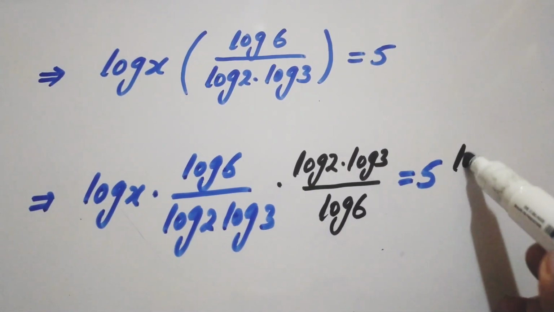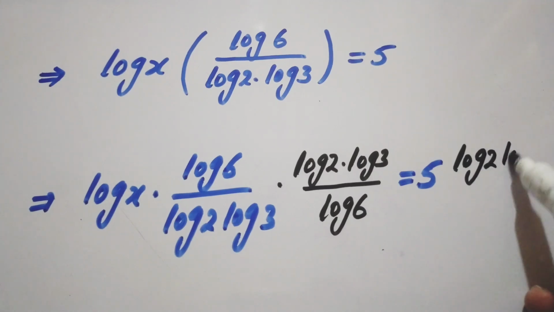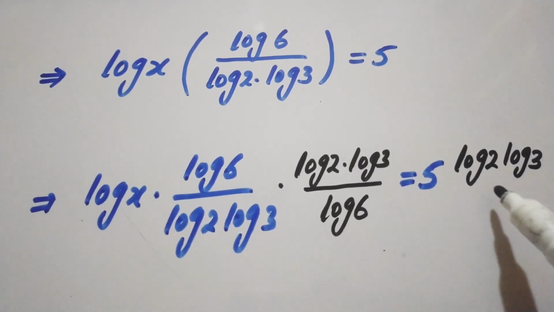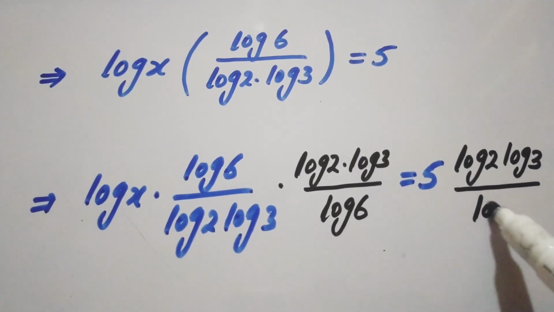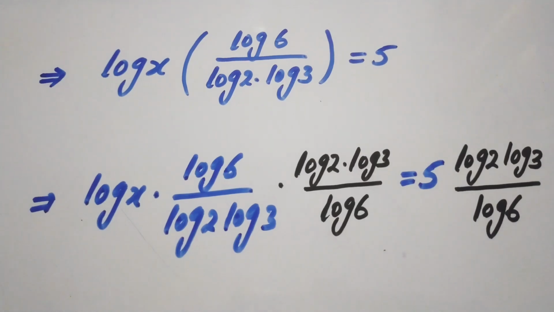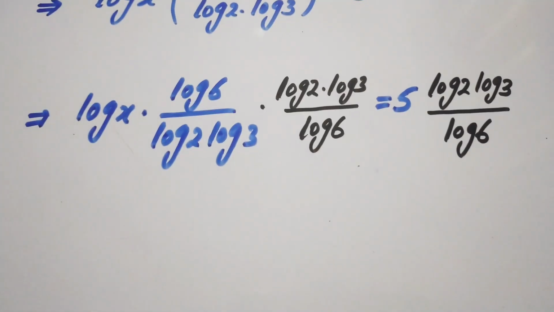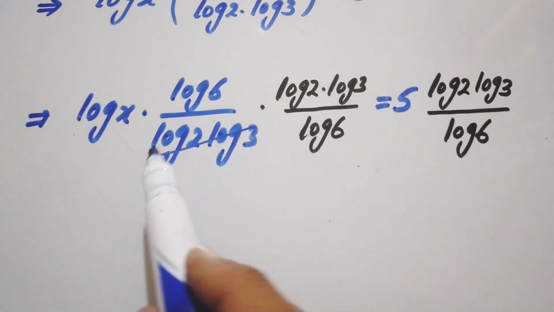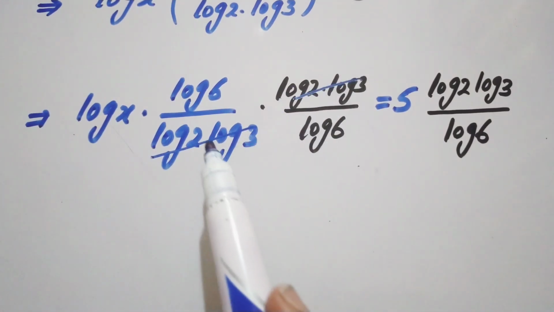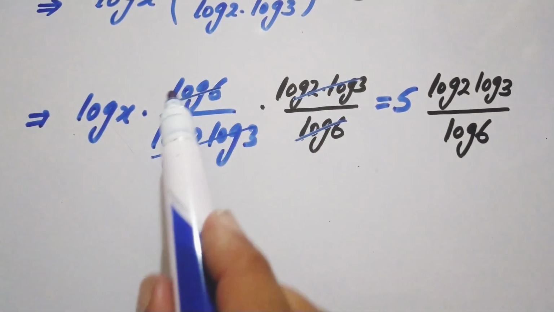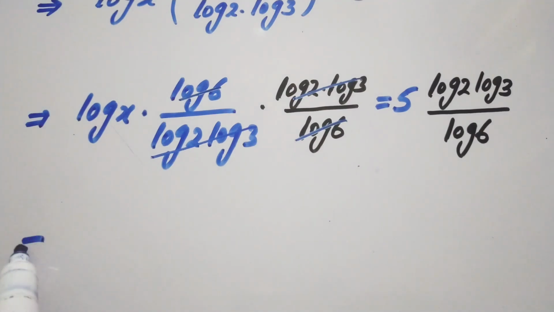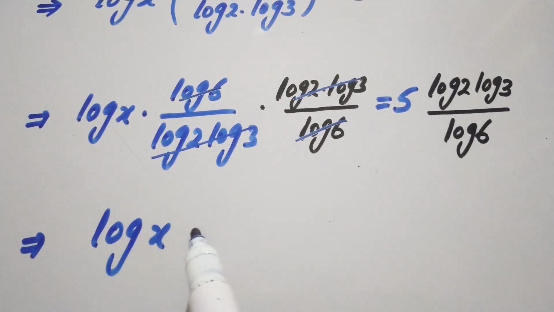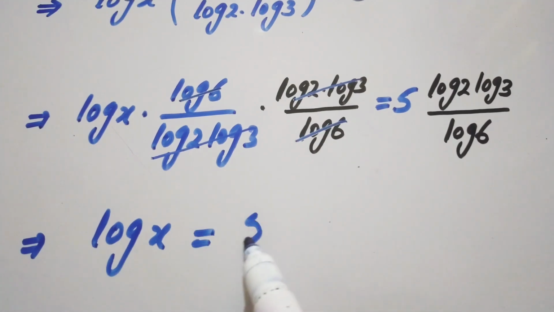Here we will multiply with log 2 log 3 divided by log of 6. So now this from denominator and from numerator cancel out, and these are the same, this also cancels out. Here we will be left with log of x is equal to 5.